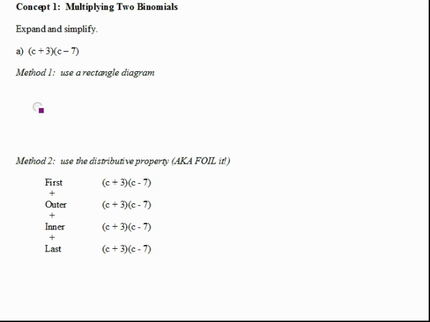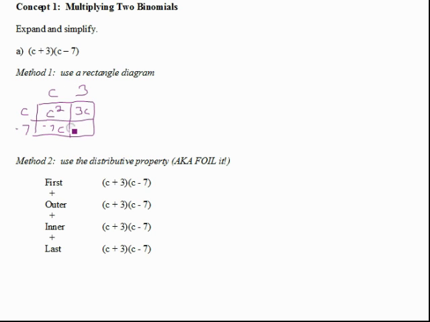So, multiplying two binomials using a rectangle diagram. Let's draw my rectangle. This is c plus 3, and this is c plus negative 7. That's what c minus 7 means. So c times c is c squared. 3 times c is 3c. c times negative 7 is negative 7c.